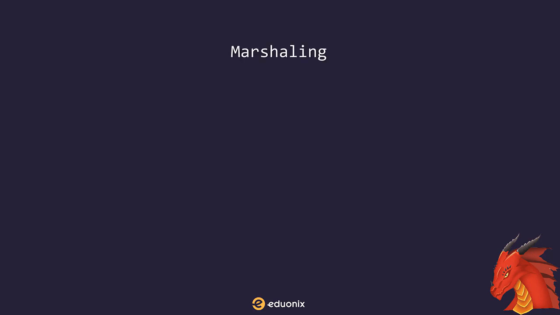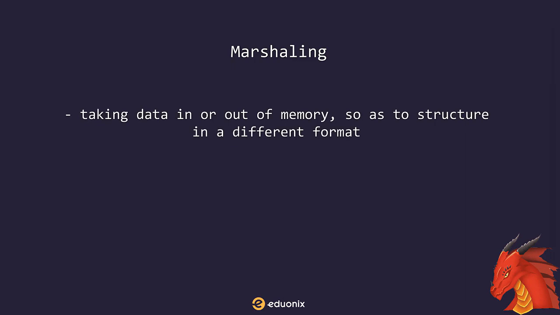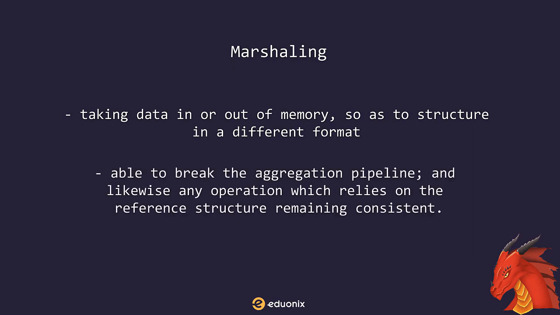This is because the act of marshalling to and from JSON can reorder fields unpredictably. Note, marshalling means taking data in or out of memory so as to structure it in a different format. This marshalling behavior is able to break the aggregation pipeline, and likewise any operation which relies on the reference structure remaining consistent.